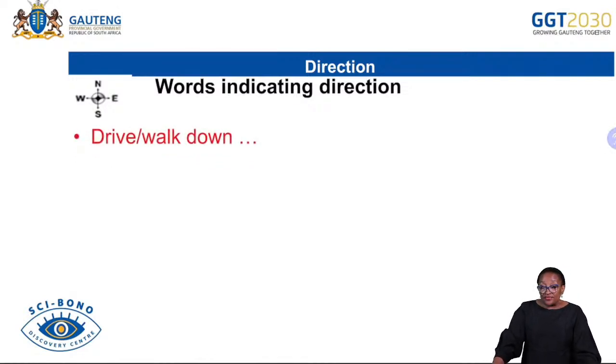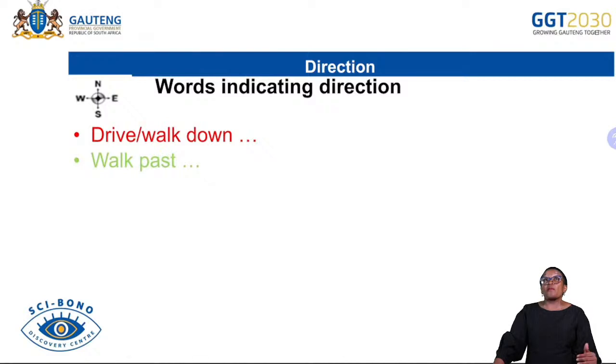You're either driving or walking, remember? So you drive or you walk down Smith Street, for argument's sake. Or you drive on Mandela Driveway. And you walk past, then you would come up with the landmark there.